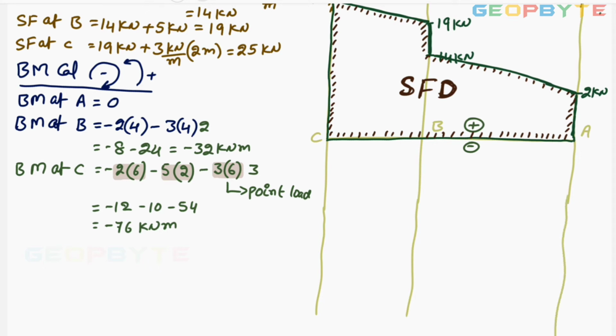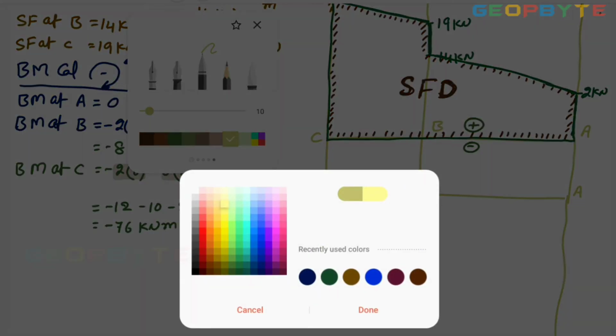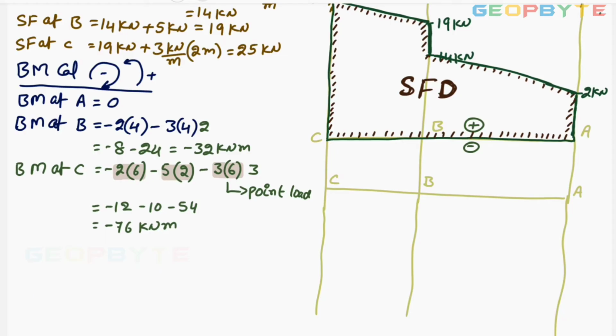You take a reference line, this is C, B, A. With respect to the reference line, you have to mark the sign. The positive values are generally taken above the reference line, and negative values are below the reference line.